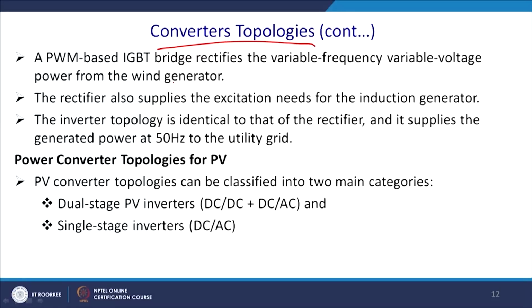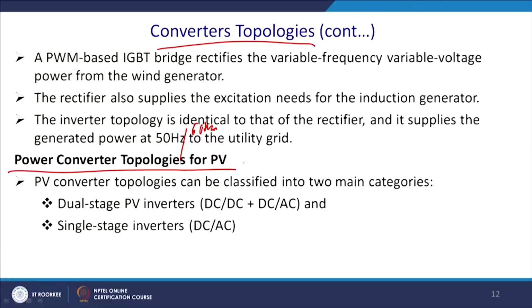The rectifier also supplies the excitation needs for the induction generator. The inverter topology is identical to that of the rectifier, and it supplies the generated power at 50 hertz or 60 hertz as prescribed by the grid or the utility.